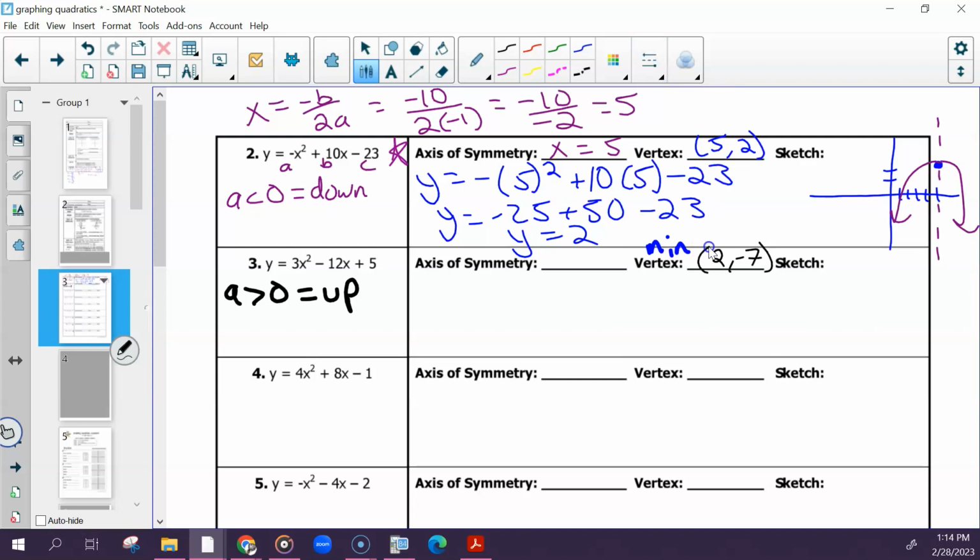So our axis of symmetry would be what? x equals 2. So then from this information, we could graph this or do the rough sketch. We know our point is going to be at 2, -7. Our axis of symmetry is at 2.